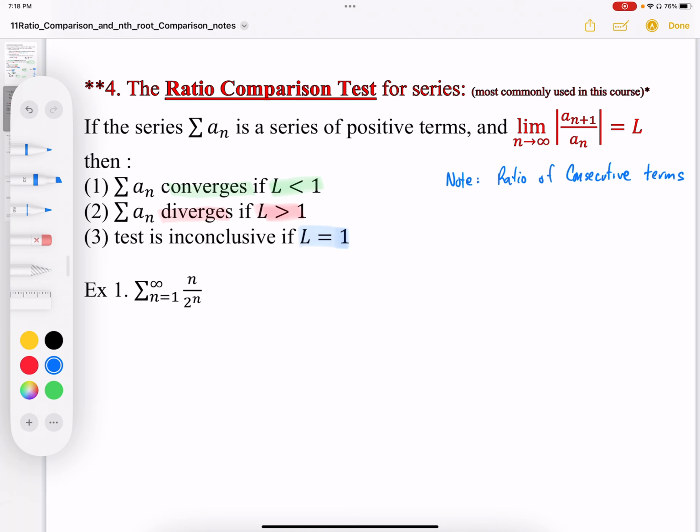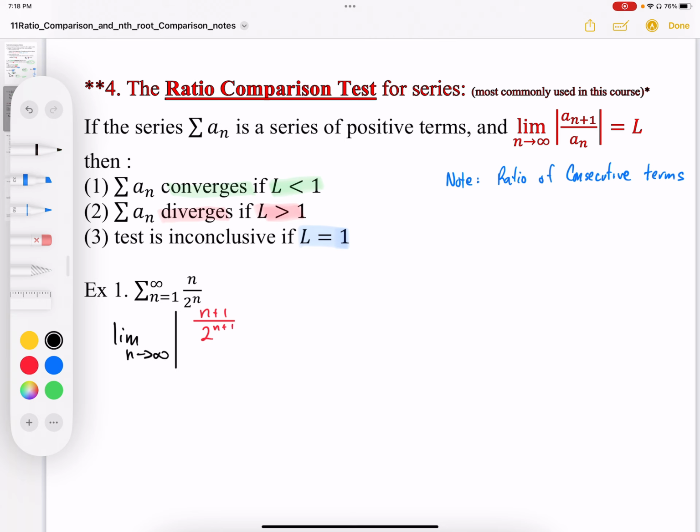So we're going to take a look at the sequence, and I'm going to do an plus 1 in the numerator. So I'm going to set it up like this. The limit as n approaches infinity of an plus 1. So an plus 1 is going to look like this. Our an plus 1 is going to be n plus 1 over 2 to the power n plus 1.